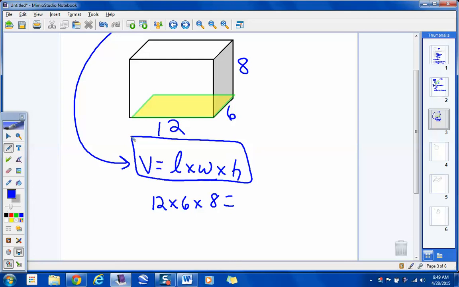Go 12 times 6 times 8 again. 576? All right. 576. What kind of units? I wrote the word cubic units out here. You might want to write units like this and raise it to what power? 3. 3-dimensional. Okay. Length, width, height.